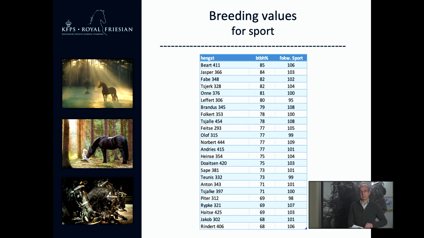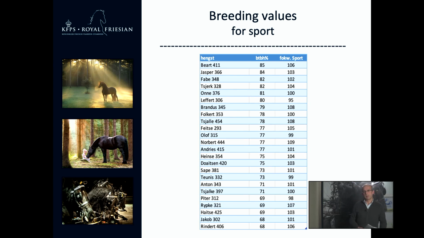So this list is ranked on the reliability of the stallions, and you see that Beard has the highest reliability because he has the most offspring that's competing in sport. You see that he's doing well too with a sport breeding value of 106, and you see quite a bit of variation in breeding values.